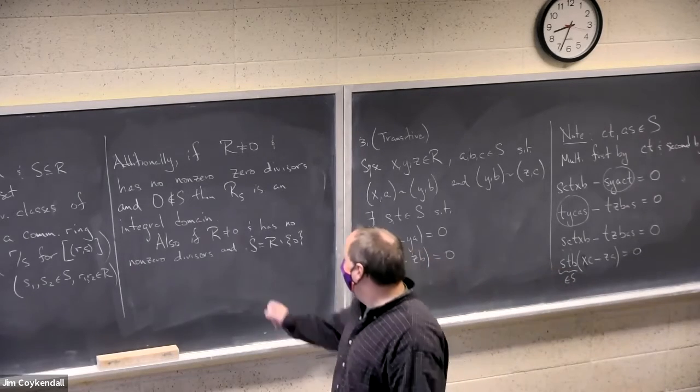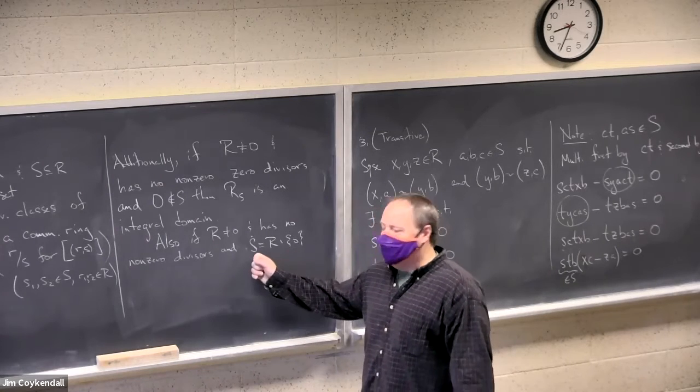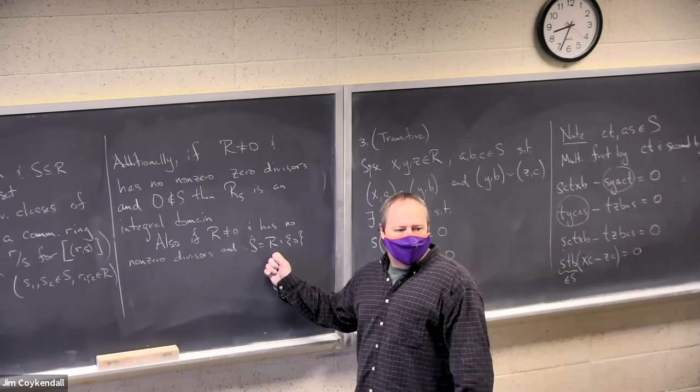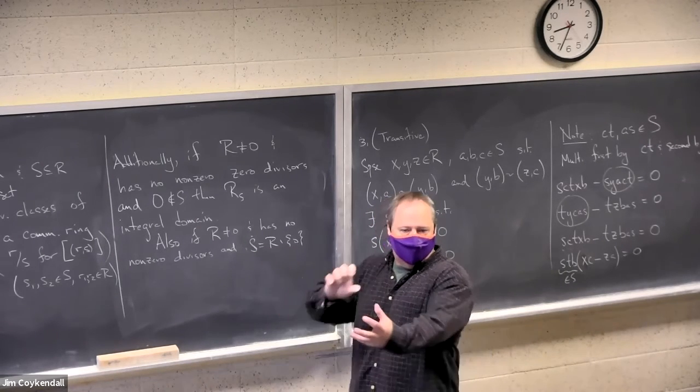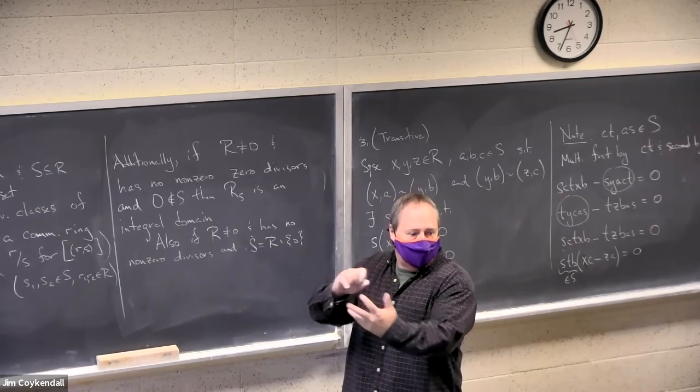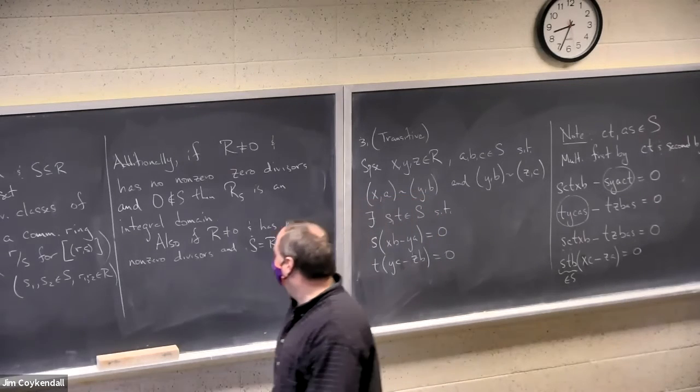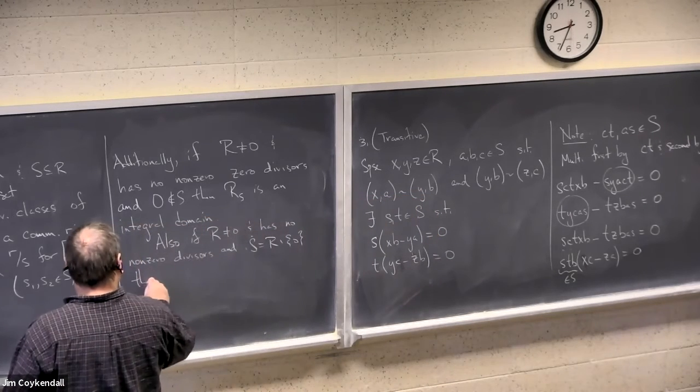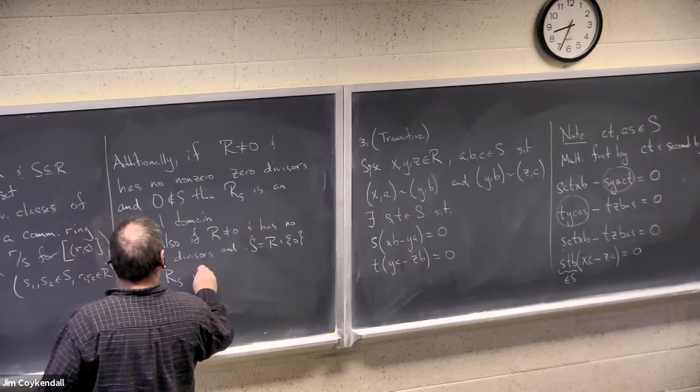Because R has no zero divisors, the non-zero elements of R form a multiplicatively closed set, because you can't multiply two things and get zero, right? So here we go.